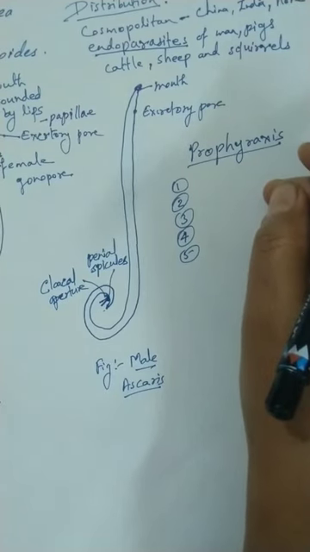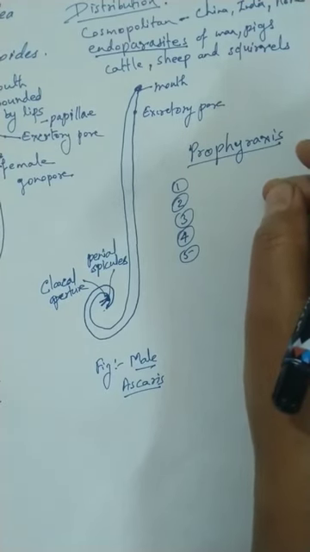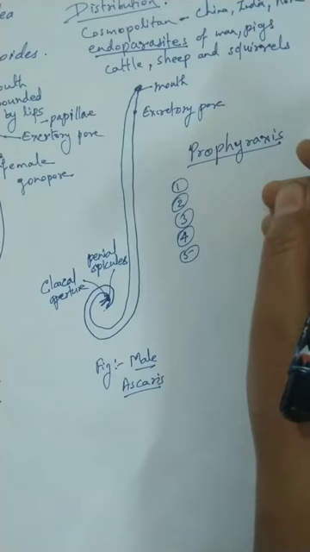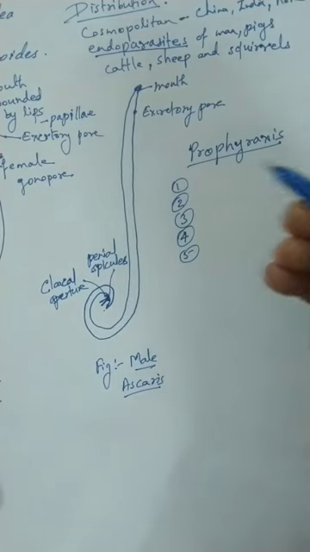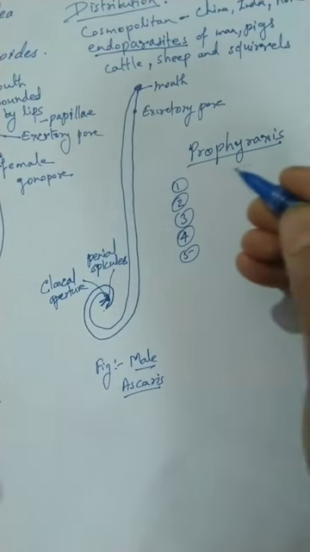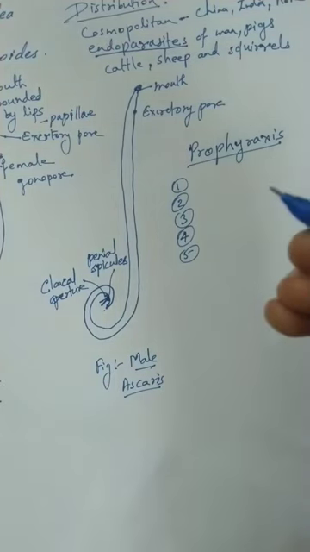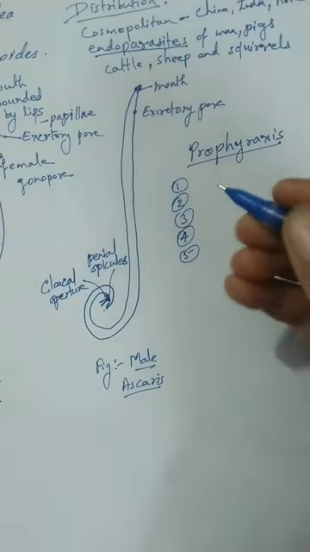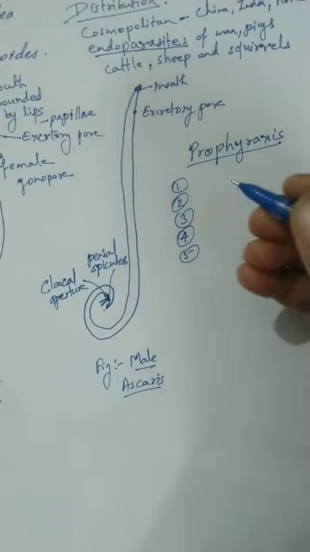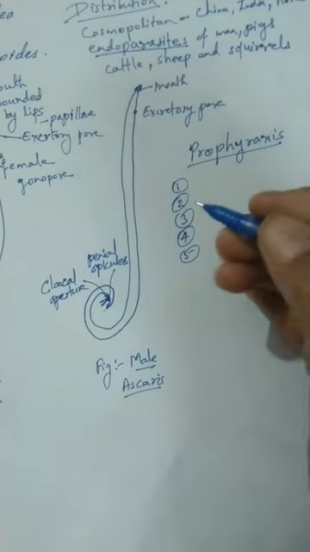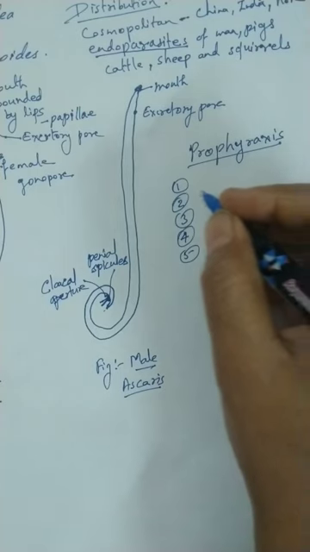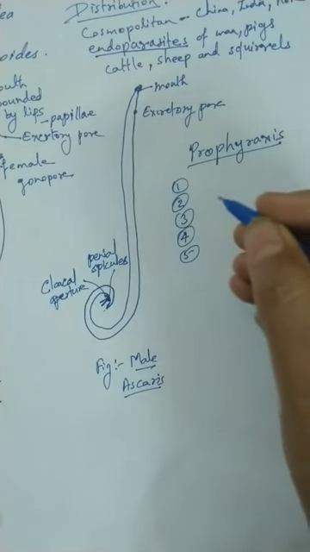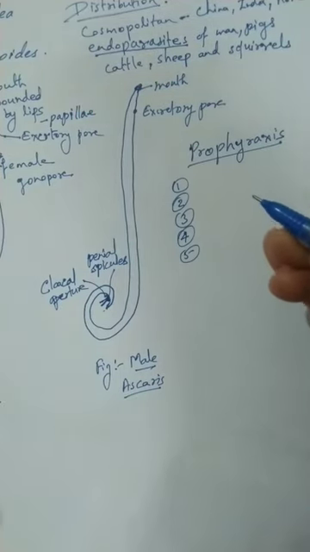Now the measures taken to avoid Ascaris. Avoid eating unwashed raw vegetables and fruits. Wash vegetables and fruits thoroughly and cook well. Protect food from dirt and soil. Use clean toilet facilities.